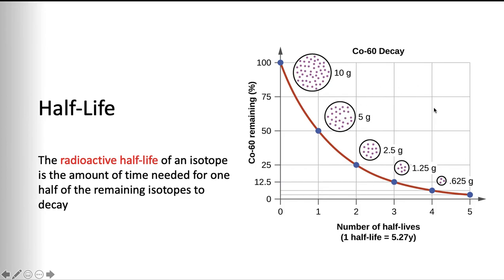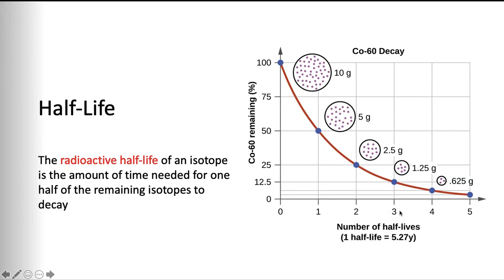After my second half-life, half of my 5 grams is going to decay again into something else, so I have 25% of the original 100% left, which means I take the 5 grams and divide it by 2 again, giving me 2.5 grams left. Every time a half-life occurs, I take the amount and cut it in half, and that is how much I have left.